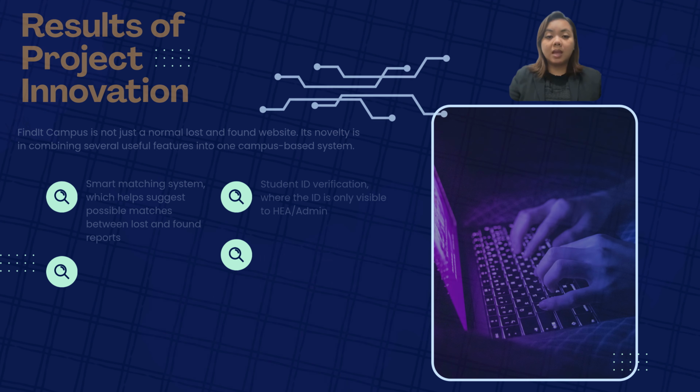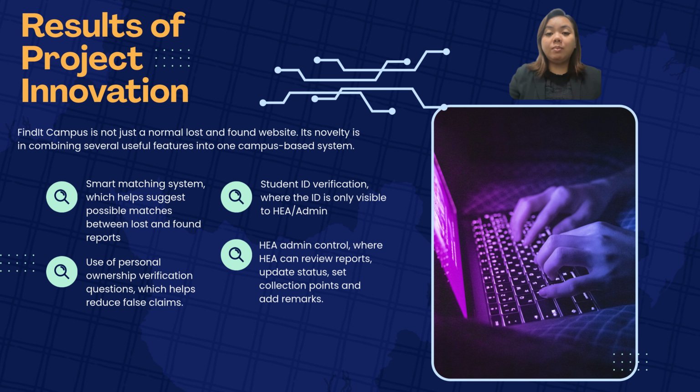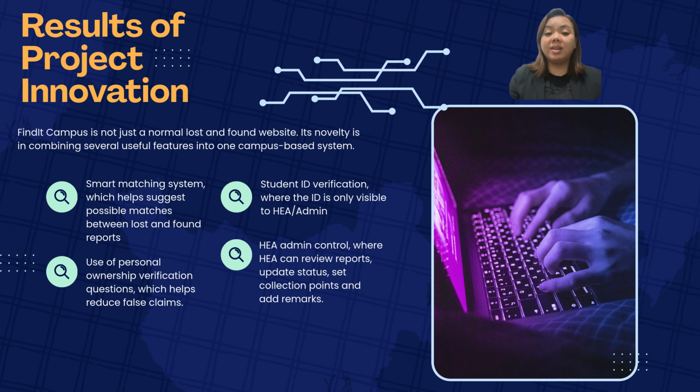Thank you, Raihana. Find It Campus is not just a normal lost and found website. Its novelty lies in combining several useful features into one campus-based system. The first innovation is the smart matching system, which helps suggest possible matches between lost and found reports. This reduces the need for students to search manually through WhatsApp messages.